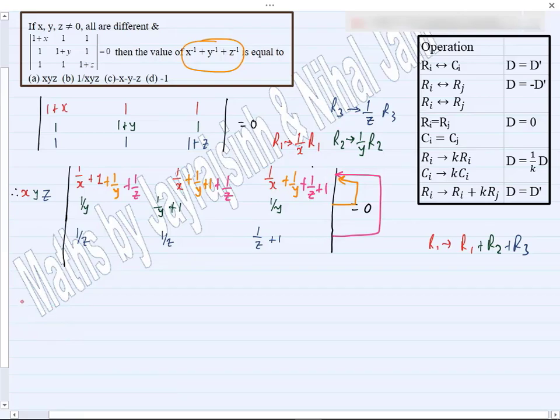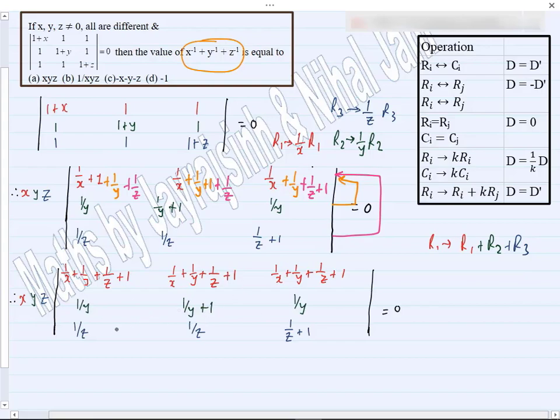So xyz will be as it is, and our first row will be 1 by x plus 1 by y plus 1 by z plus 1. Same thing with the second and third element, and the rest of the terms will be as they are.